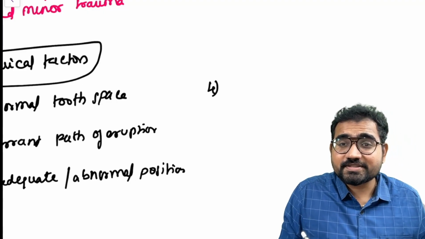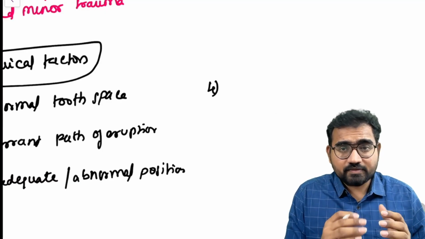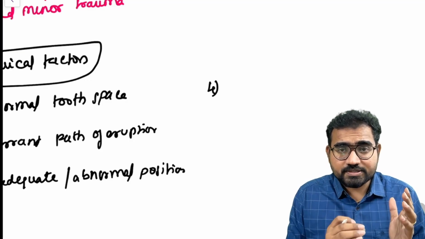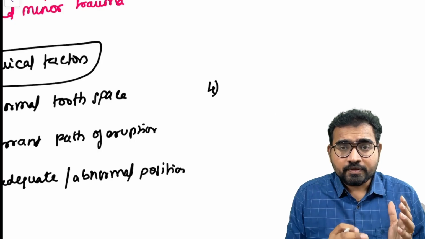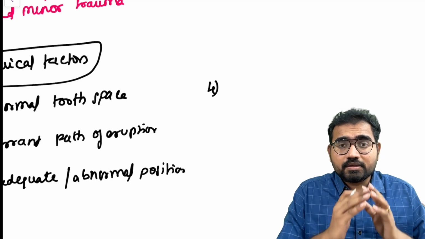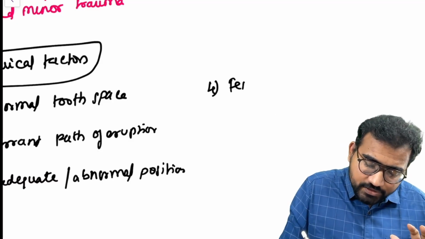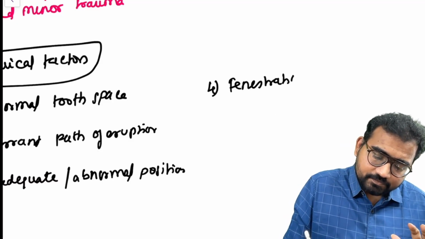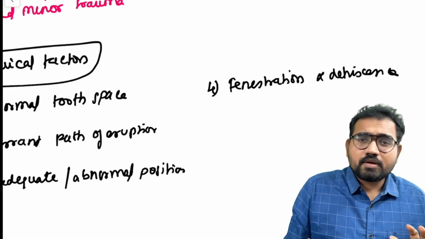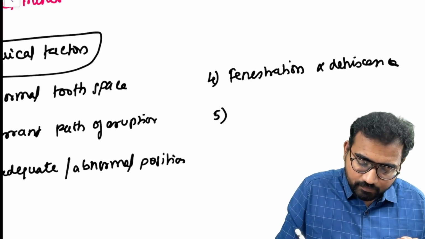Fenestration and dehiscence. Fenestration is a window-shaped defect where the bone defect does not communicate with the marginal aspect of the bone. The marginal bone is intact in fenestration, whereas in dehiscence the marginal bone is completely involved. Or any abnormal root morphology.